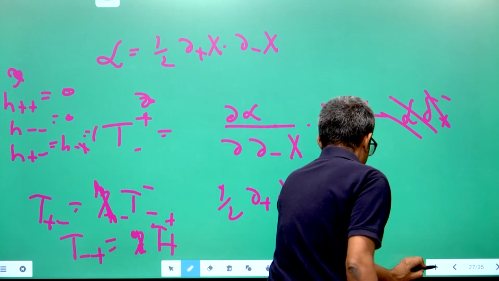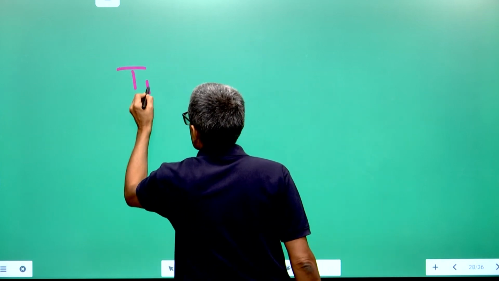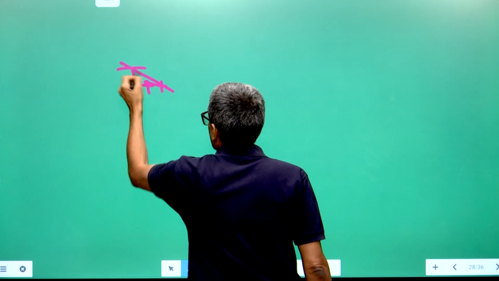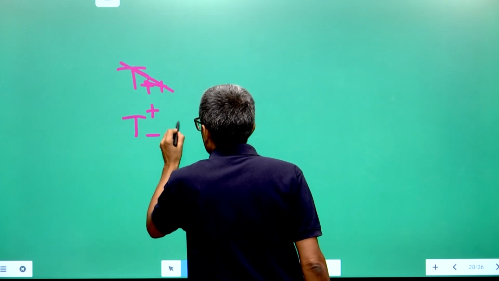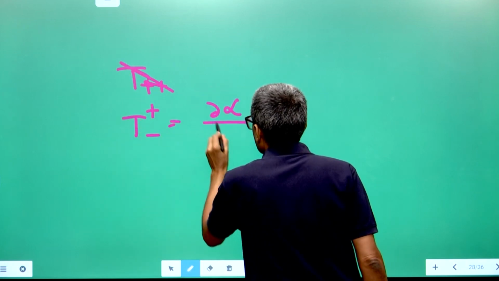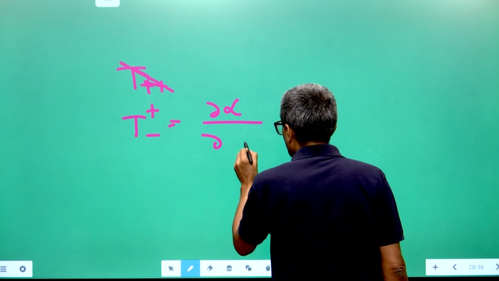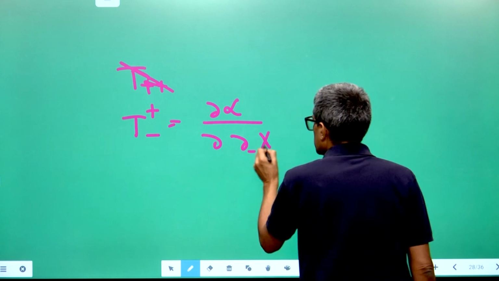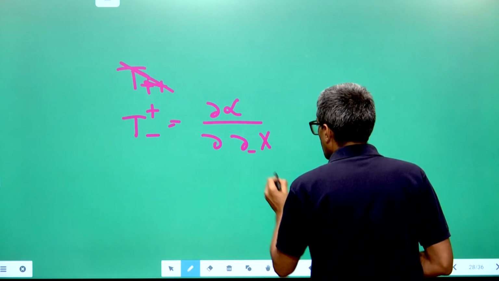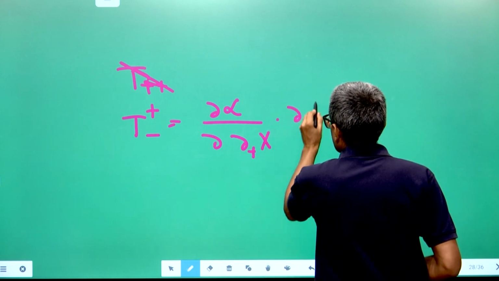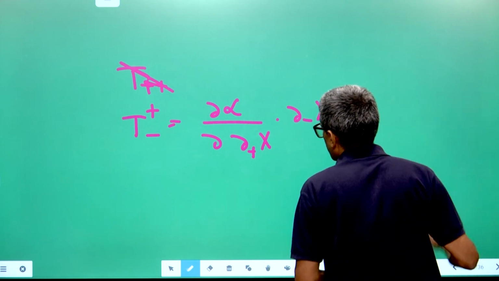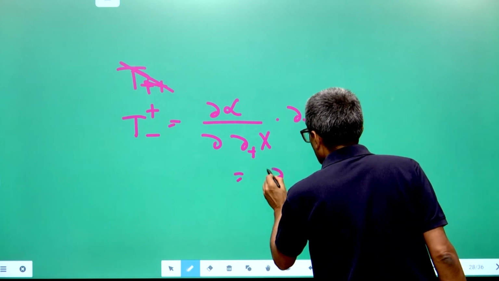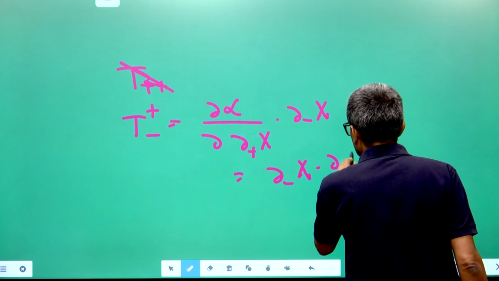So if you look at T plus minus, that is equal to del L by del (del minus x) or del plus x dot del minus x minus delta plus minus, that will be 0, that is nothing but del minus x dot del minus x.